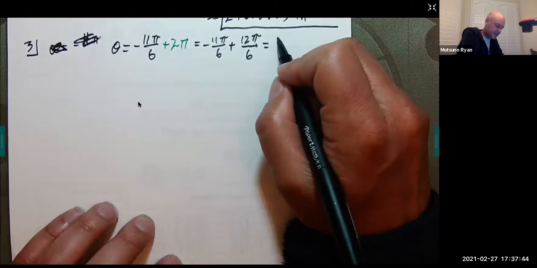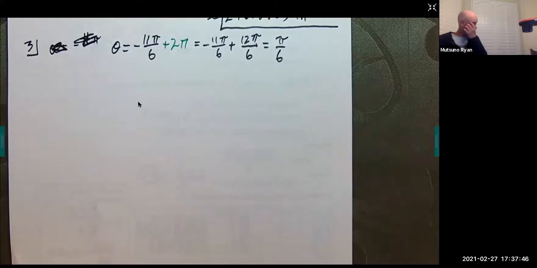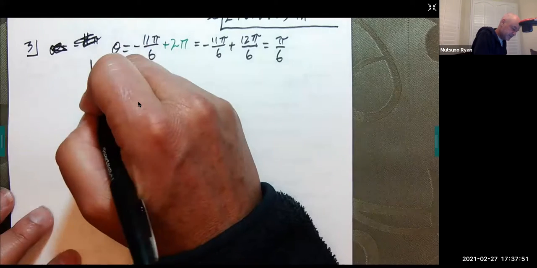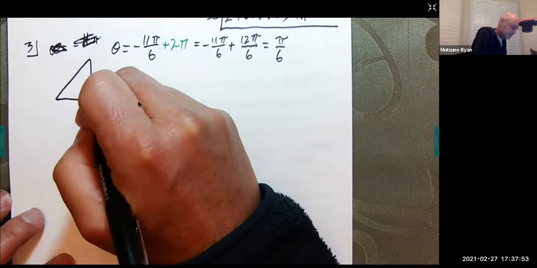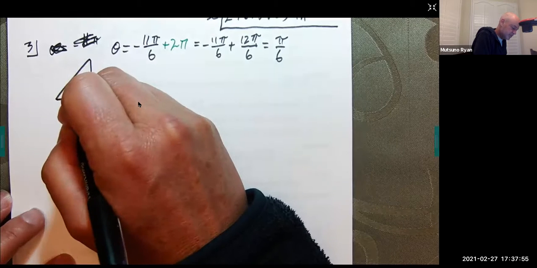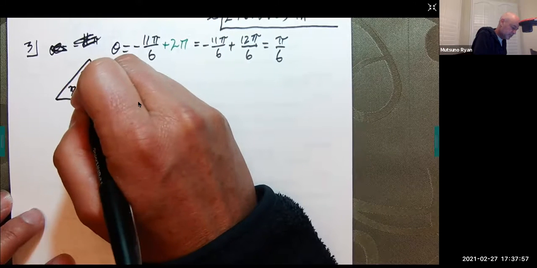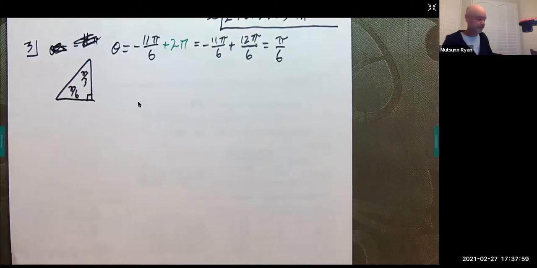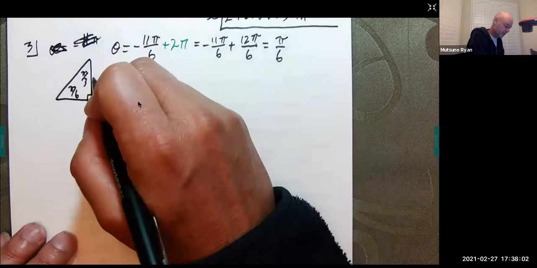This gives me pi over 6. Now this very nicely is going to let me use my special right triangles. Or you can use the unit circle. Both ways work.